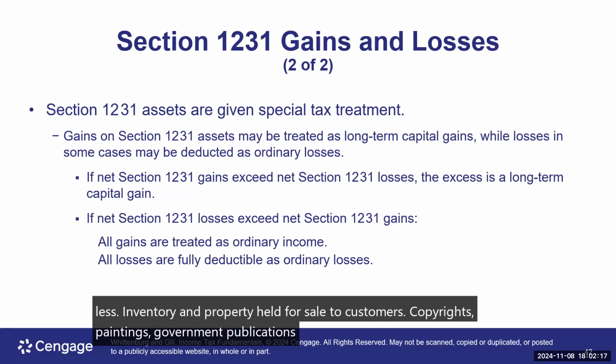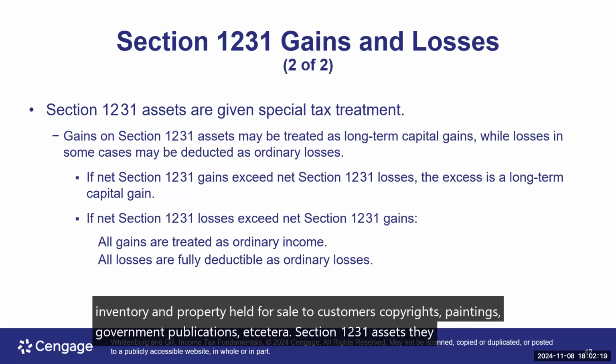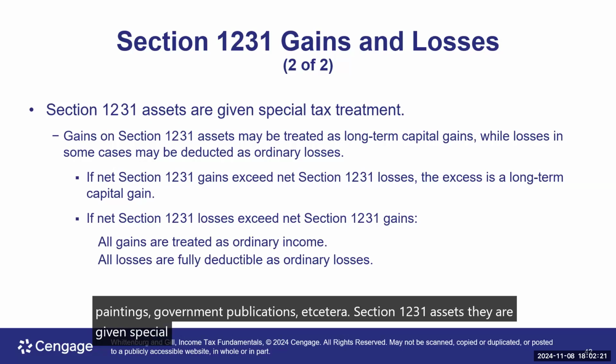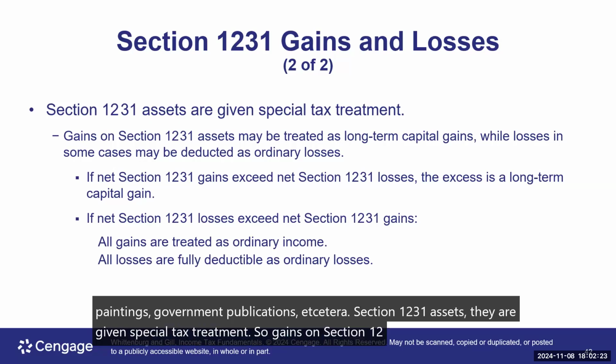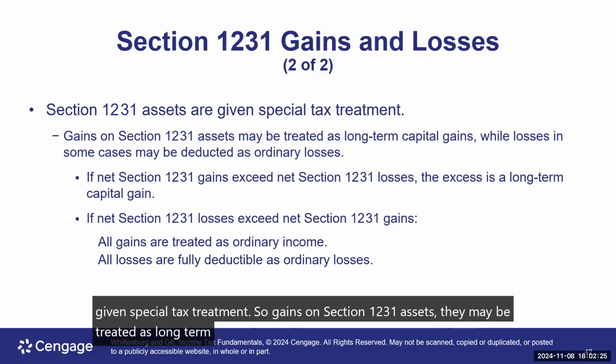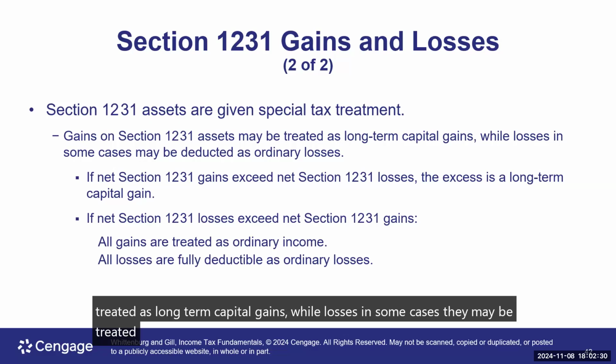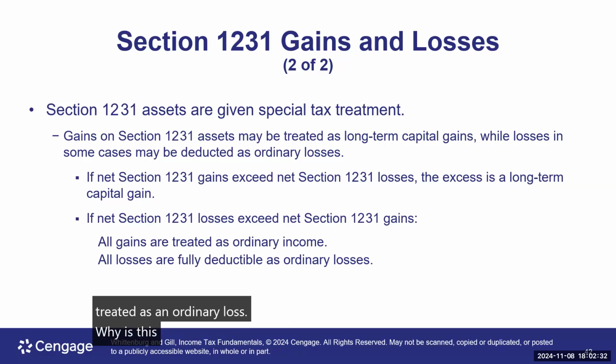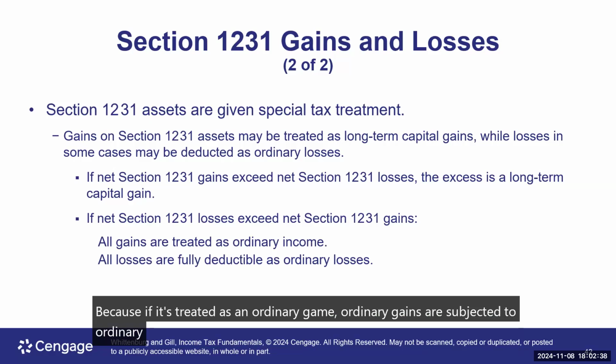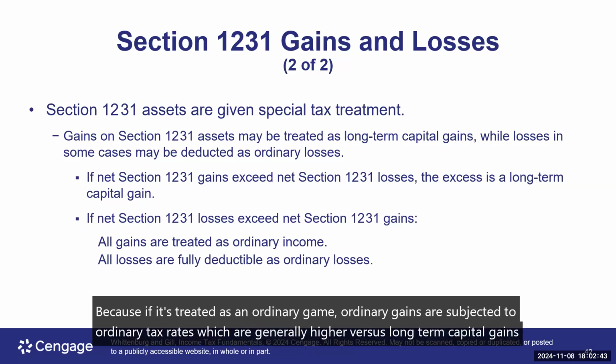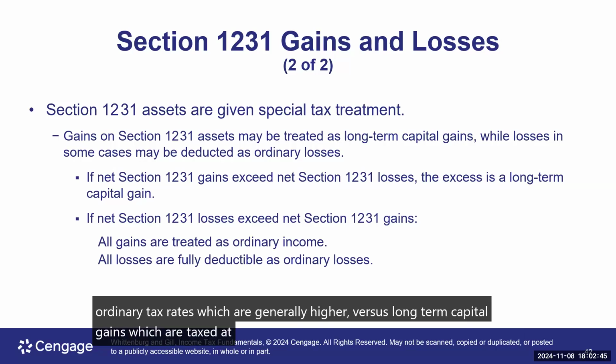Section 1231 assets are given special tax treatment. So gains on Section 1231 assets may be treated as long-term capital gains, while losses in some cases may be treated as an ordinary loss. Why is this important? Because if it's treated as an ordinary gain, ordinary gains are subjected to ordinary tax rates, which are generally higher, versus long-term capital gains, which are taxed at 0, 15, or 20%, depending on the taxpayer's income.